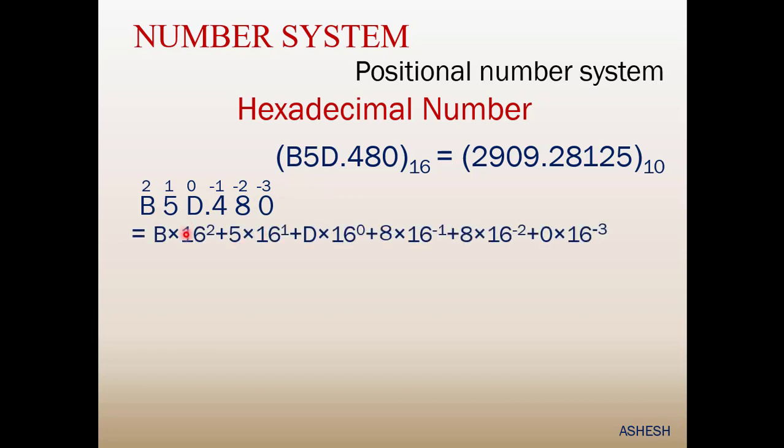So B into 16 squared plus 5 into 16 to the power 1 plus D into 16 to the power 0, and the point is replaced by a plus sign. We have to remember we do not keep the point here, we only write plus. So 4 into 16 to the power -1 plus 8 into 16 to the power -2 plus 0 into 16 to the power -3.